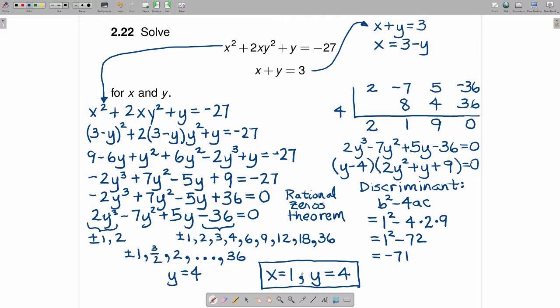There are no other points. So you can write it in this form right here, or you can also write it as an ordered pair. x, y is equal to, forgot the negative over here, negative 1, 4, and that is the solution to this 2 by 2 set of equations.